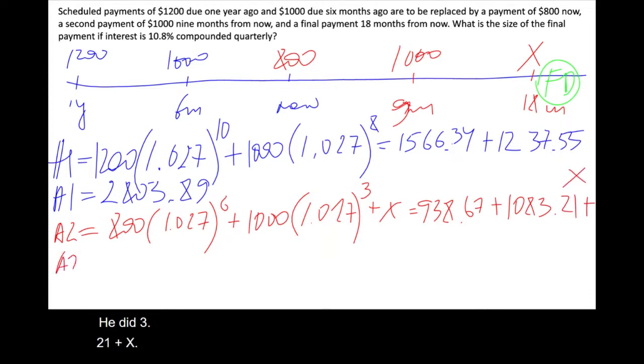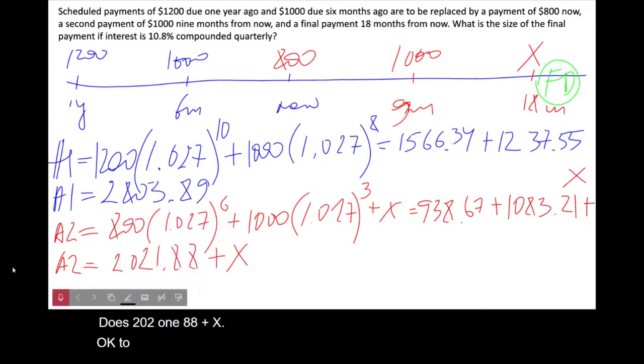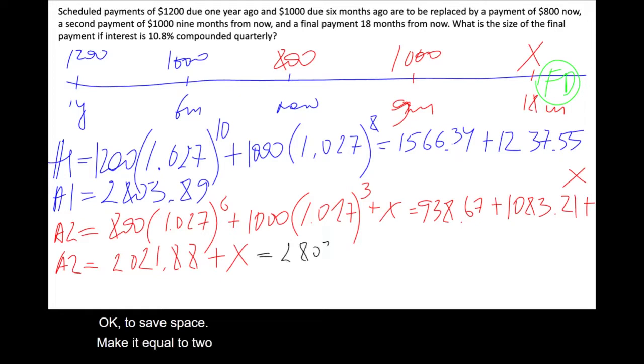So A2 is 2021.88 plus x. Okay, to save space, I make it equal to 2803.89.